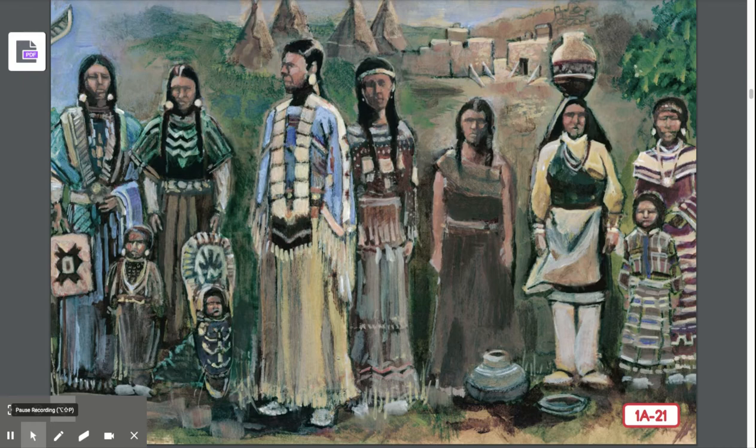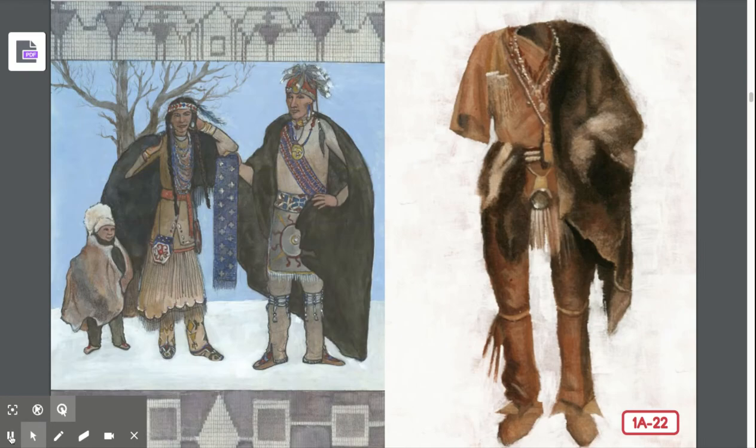No matter where they lived, Native Americans made all of their own clothes. Some Native American women and girls wore skirts and dresses. Men and boys often wore breechcloths and leggings. They used materials from their surroundings to make their clothes.